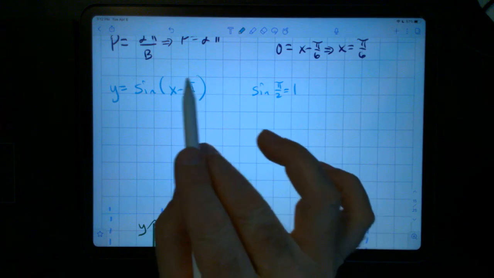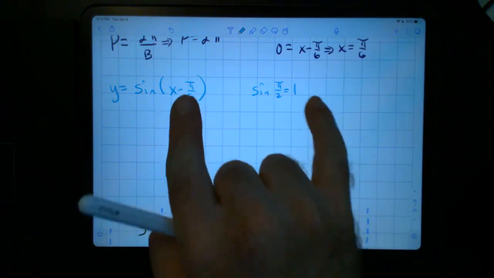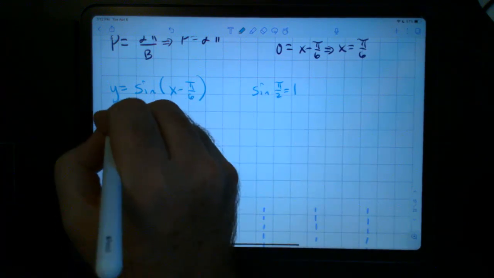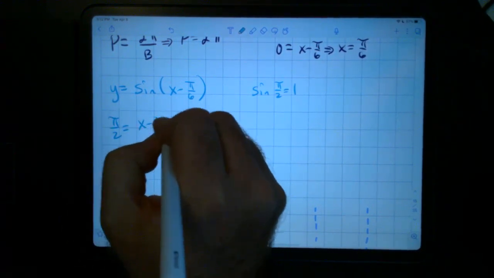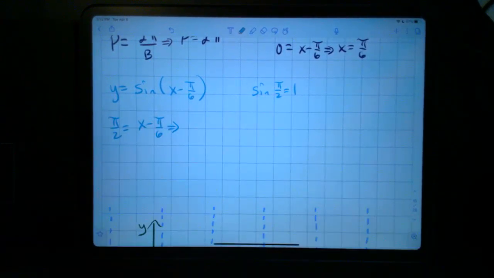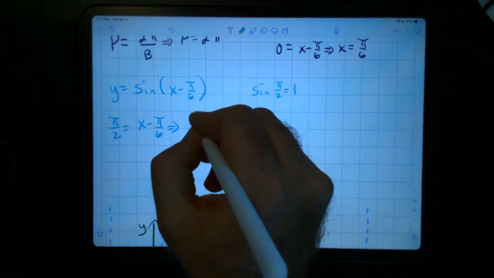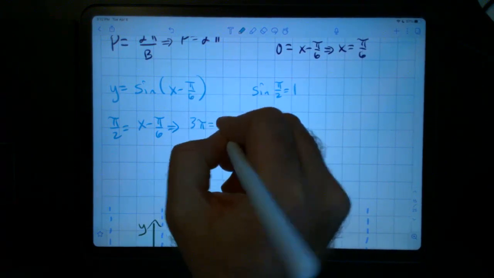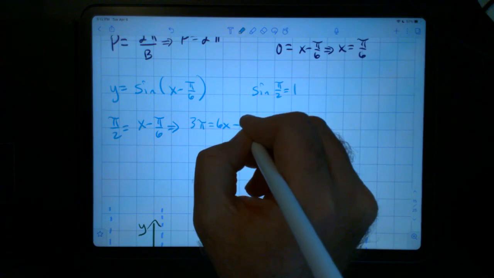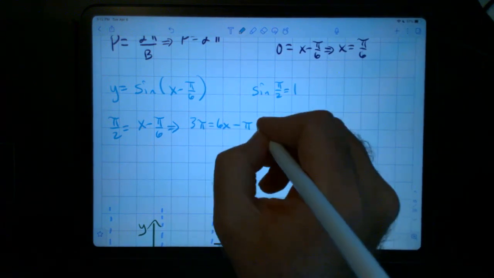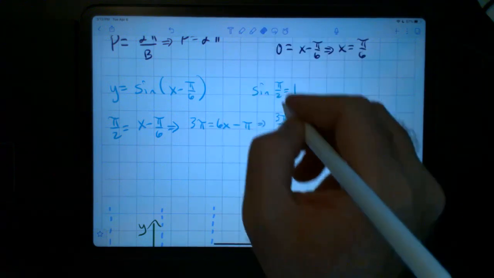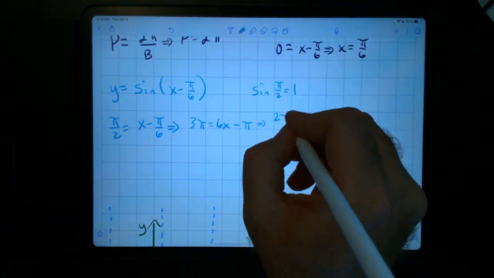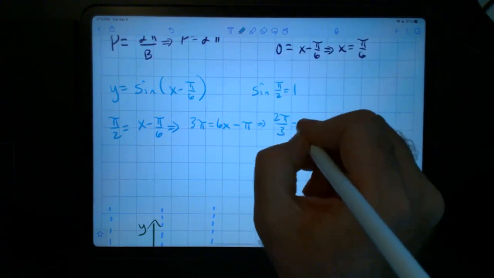So when does this equation equal pi over 2? Okay, so we set pi over 2 equals x minus pi over 6. We multiply everything by 6. We have 3 pi equals 6x minus pi. Add pi to both sides and we have 4 pi equals 6x, so x is 2 pi over 3.